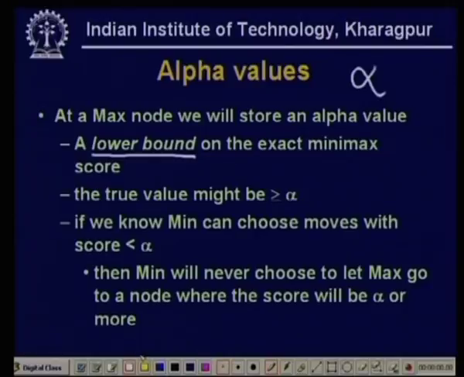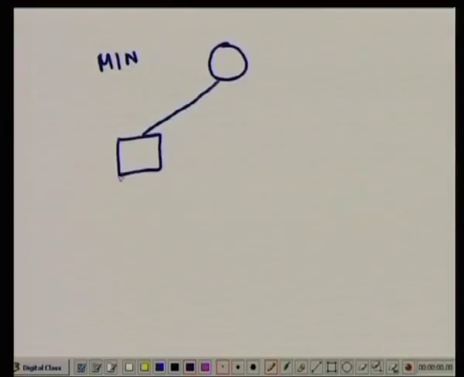So, let us just look at a diagram to explain what this is about. Suppose this is a min node. Now, suppose min has a path whose minimax value is known to be, let us say, equal to 7.